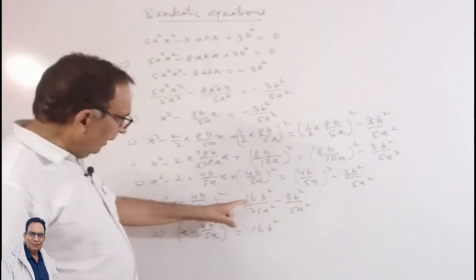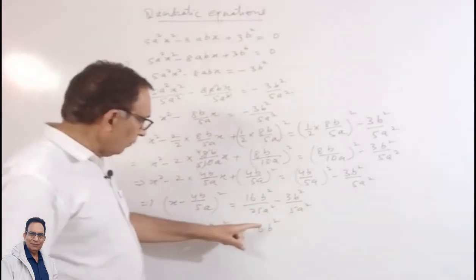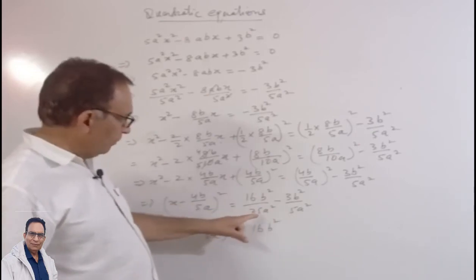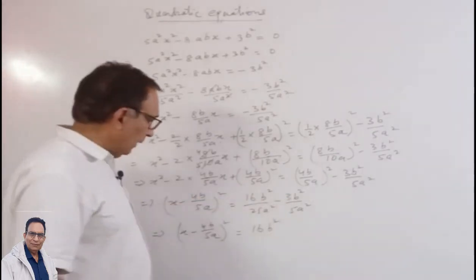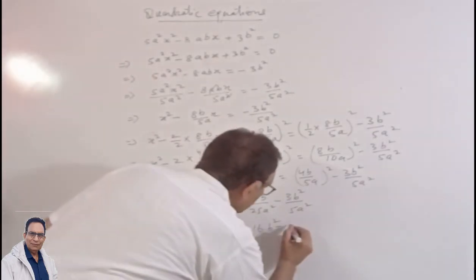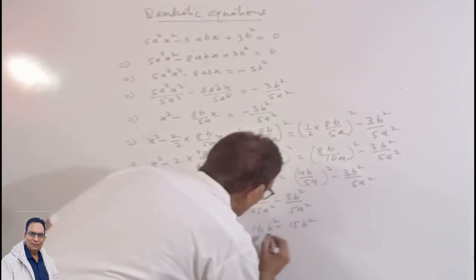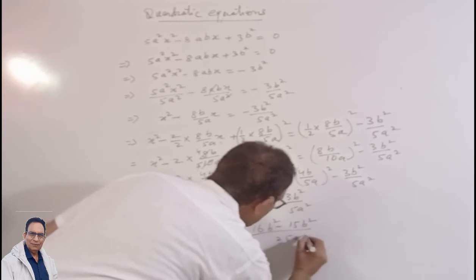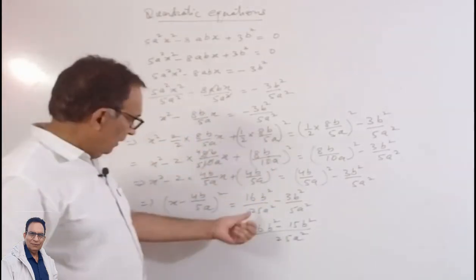I hope it is clear. 16b square and divided by 5, that becomes 5. 5 into 3 is 15. It comes minus 15b square over 25a square. Is it clear to you?